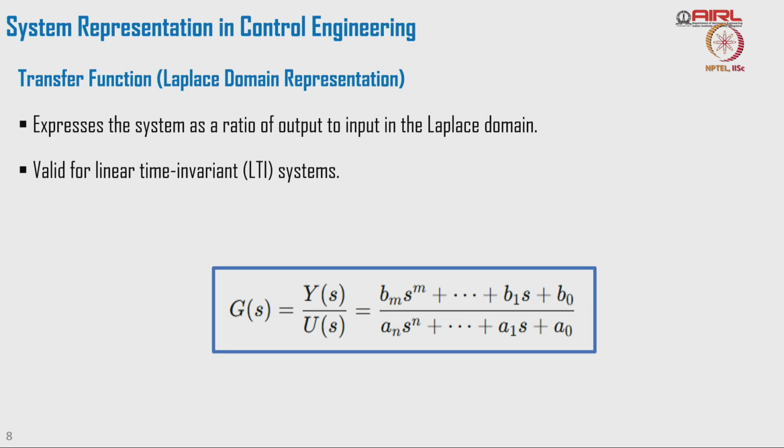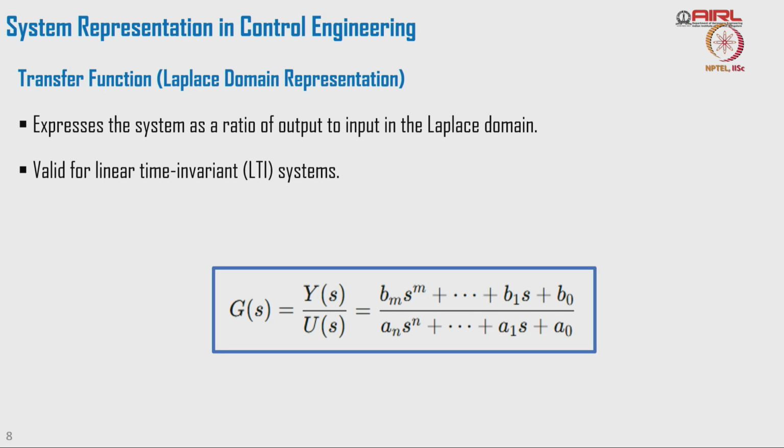It is no more a time domain way of representing a system. It expresses the system as a ratio of output to input in the Laplace domain or S domain. In the S domain, S is equal to sigma plus j omega. From the numerator of the transfer function we can find whether there are zeros in the system, and from the denominator we get the poles of the system.